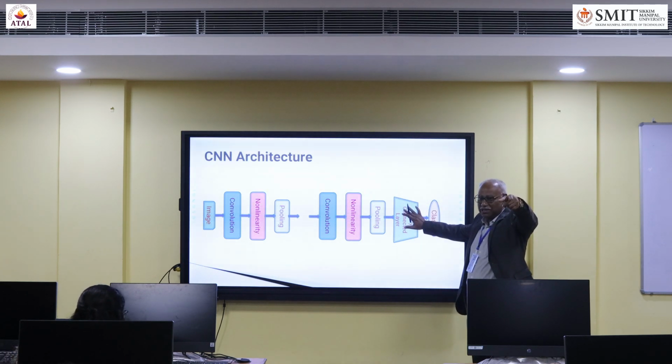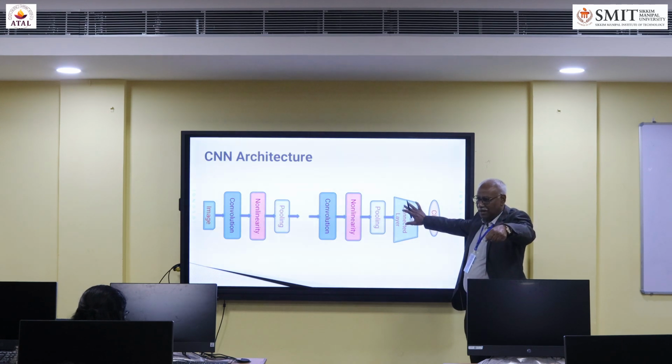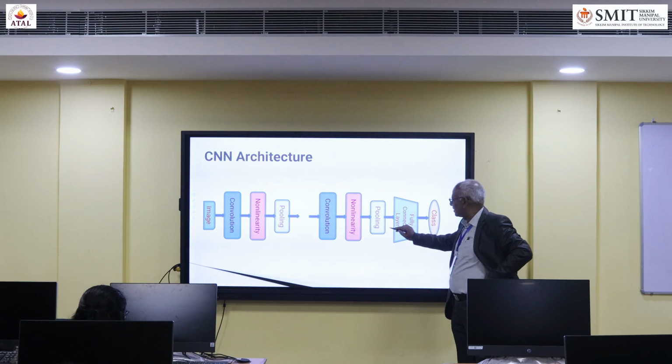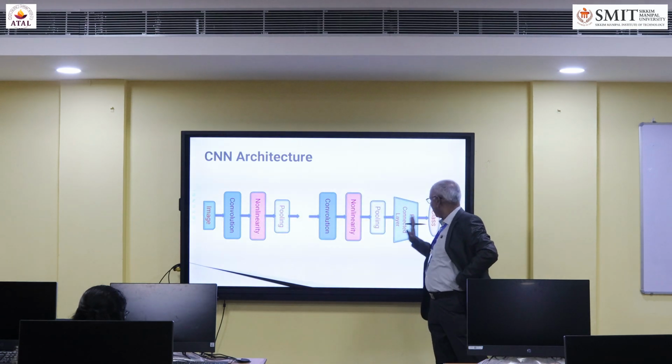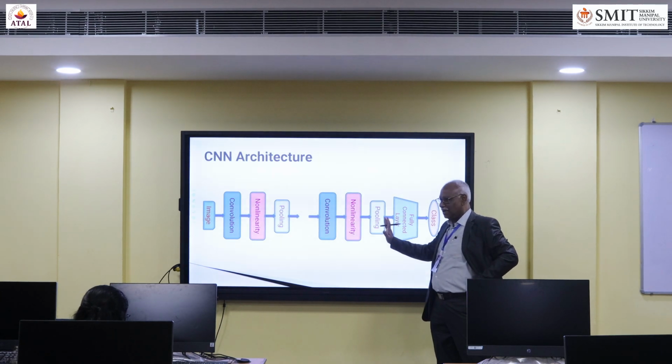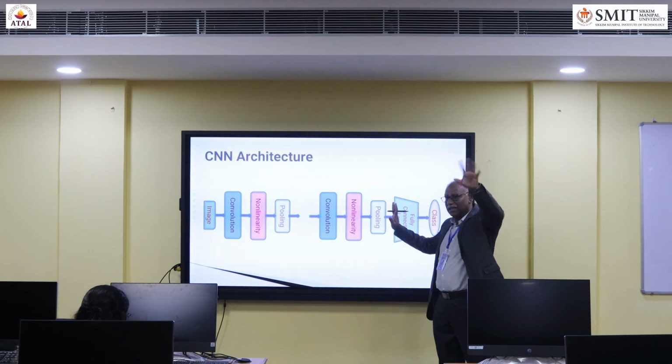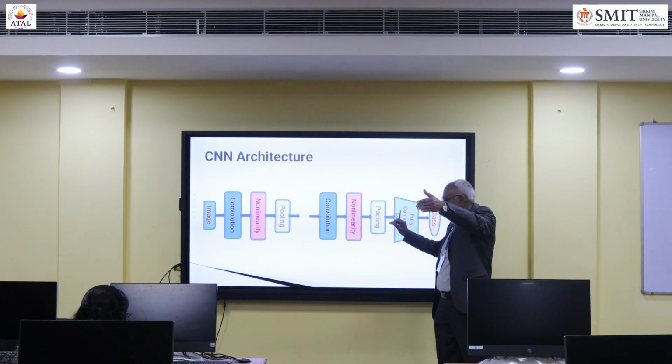Finally, this is the neural network that we discussed earlier. So up to this, through convolution and nonlinear operations, you are extracting the features. This is the feature vector that, in the earlier case, you fed to the input of the neural network.